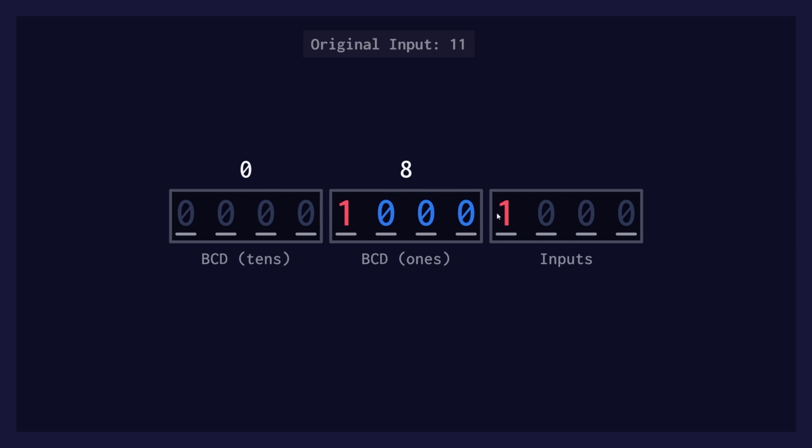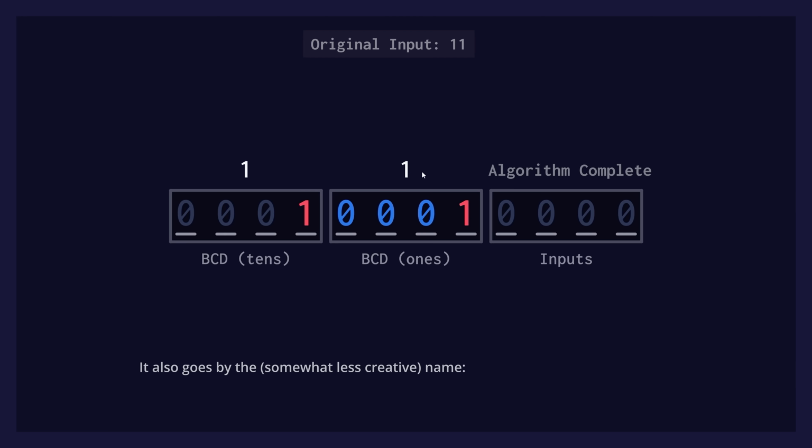Now only one of the original input bits is remaining at this point, so we're going to do a final left shift and the algorithm is now complete, giving us the correct digits, 1 and 1, to make up 11. So that's the double dabble algorithm, double referring to the left shift, and dabble referring to how we sometimes have to interfere by adding 3.